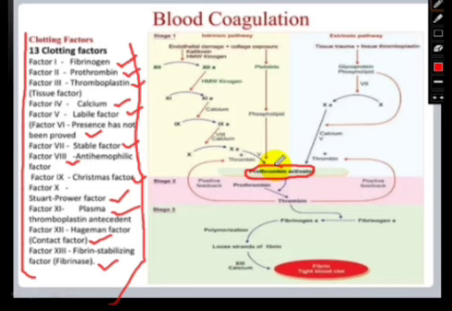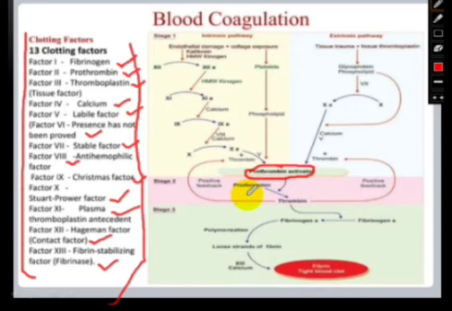I say blood coagulation occurs in 3 stages or phases. The first stage here is the formation of prothrombin activator. The second stage is the conversion of prothrombin to thrombin.